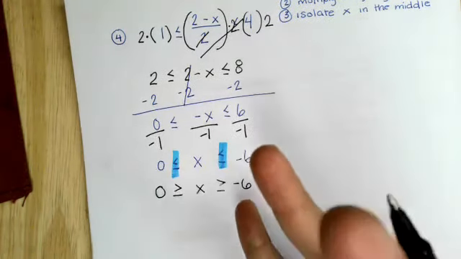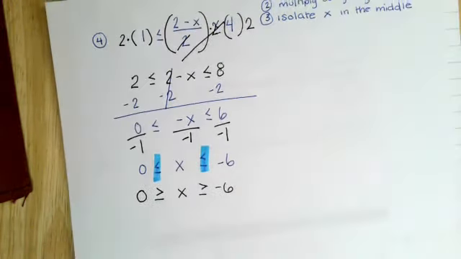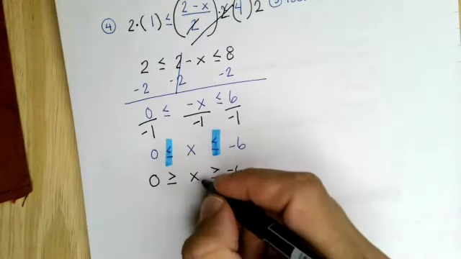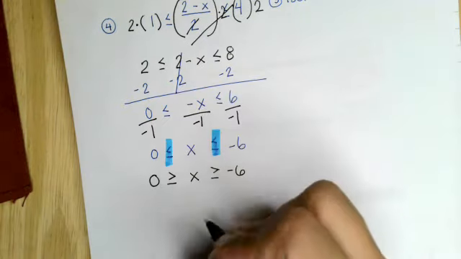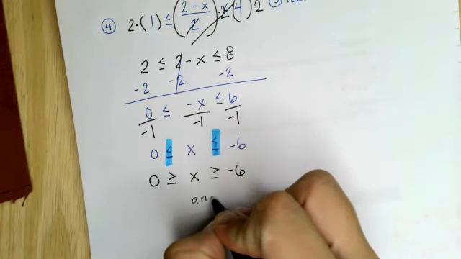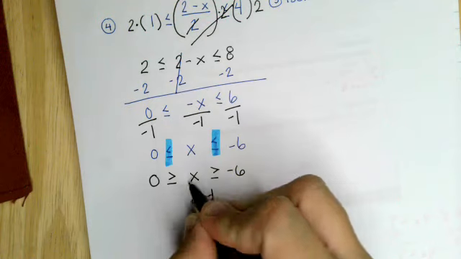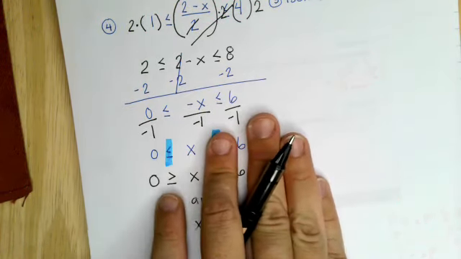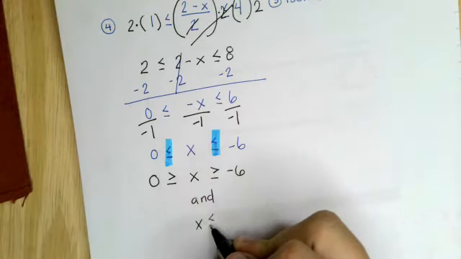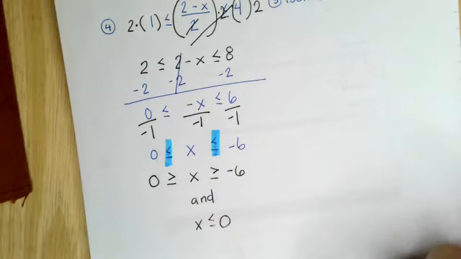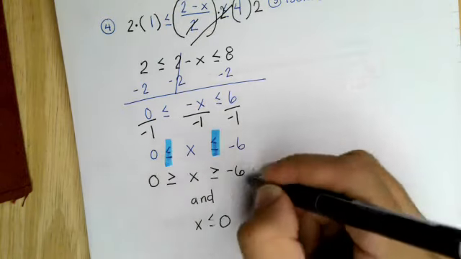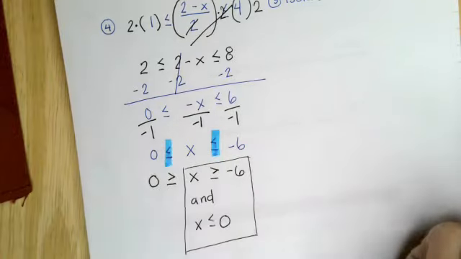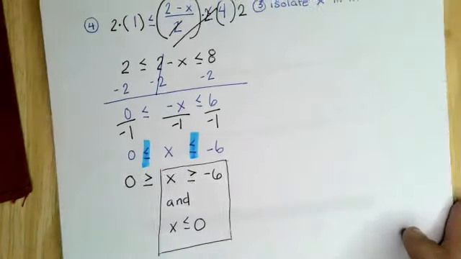So if you wanted to, you could rewrite that as x is greater than or equal to negative 6. And x is, if I read it backwards, x is less than or equal to 0. Right? So you can look at it like this, or you can look at it like this, so that the variable is always on the left, because that's always easier for me.